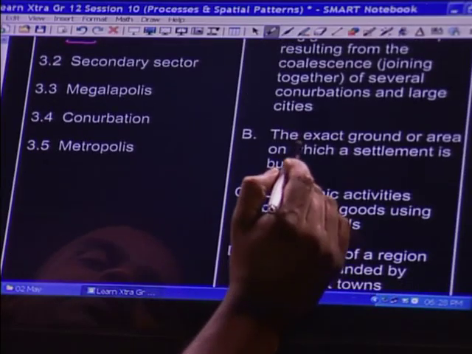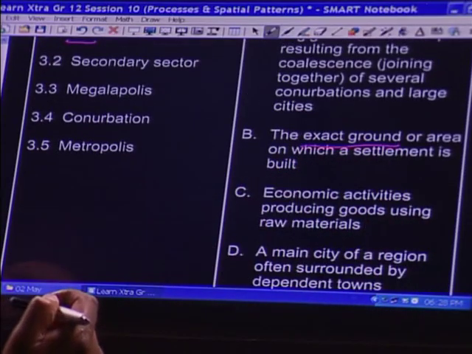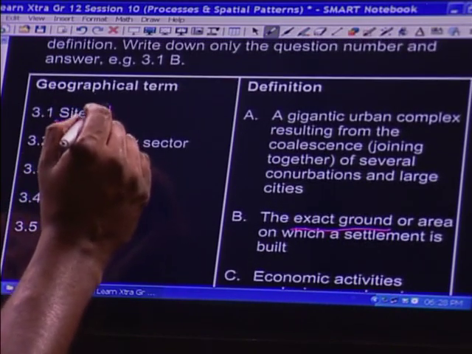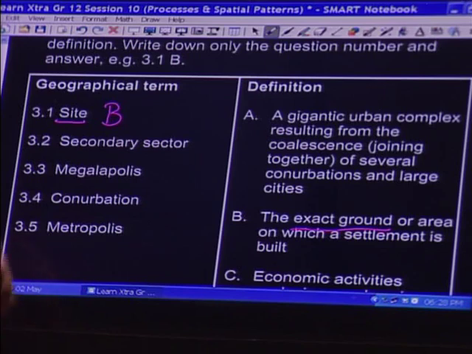For example, when it comes to site, we should be looking for the words exact or specific. If we look at our options given, option B, the exact ground or area on which a settlement is built. Question 3.1, your correct answer is B.